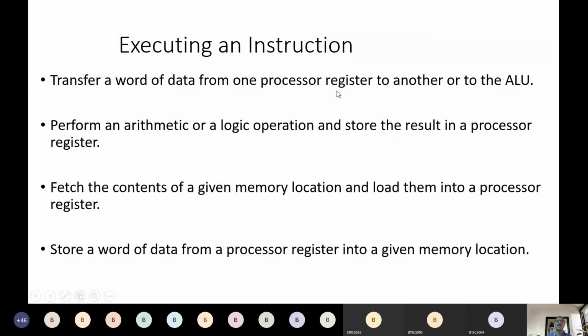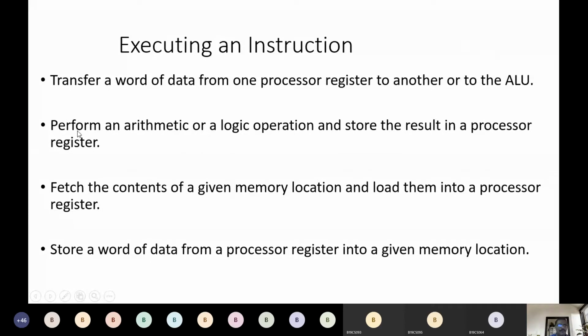So first we will see how data transfers from one register to another register, like R0 to R3, maybe R5 to R13. And also we will see how data transfers from register to ALU, maybe R0 to ALU also.